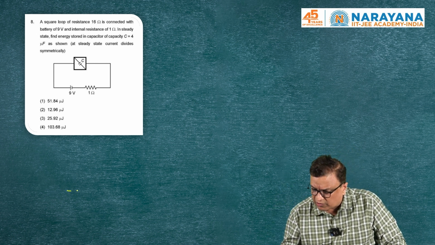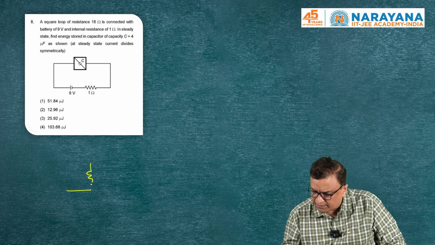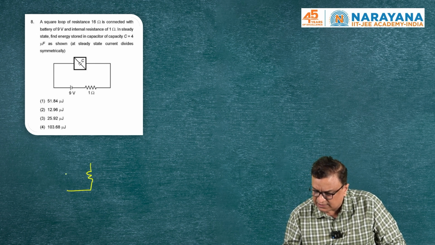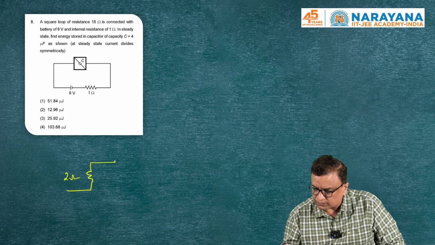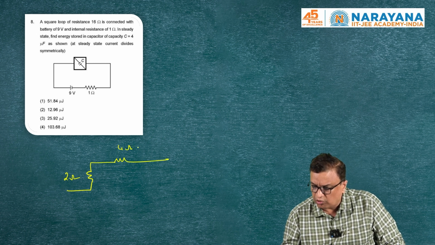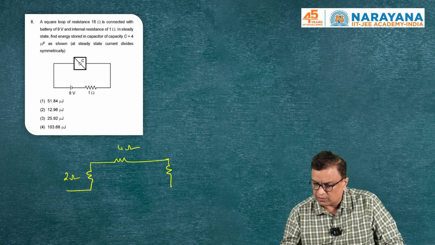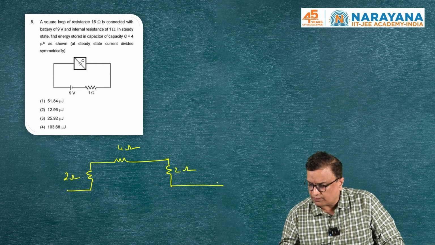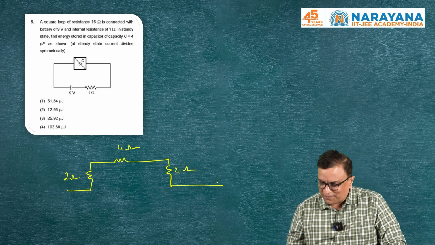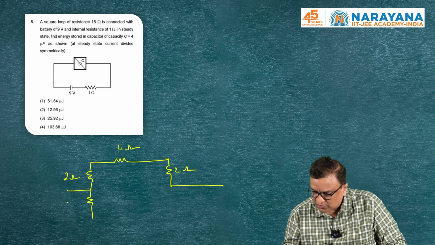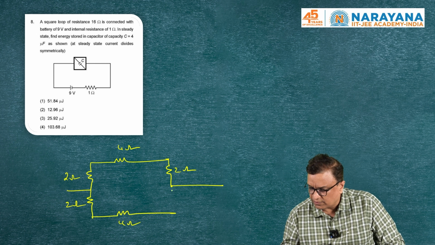The way you connected the circuit is important for me. Now remember, this is 2 ohm, 4 ohm, 2 ohm. Boys, that's the deal. Next, 2 ohm, 4 ohm, 2 ohm. That's the deal.